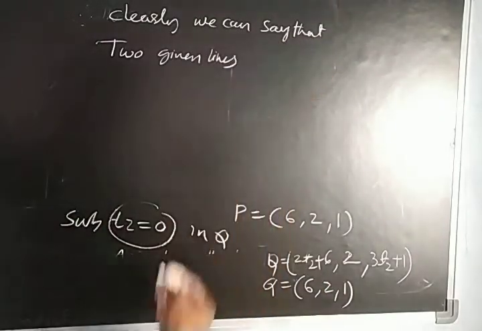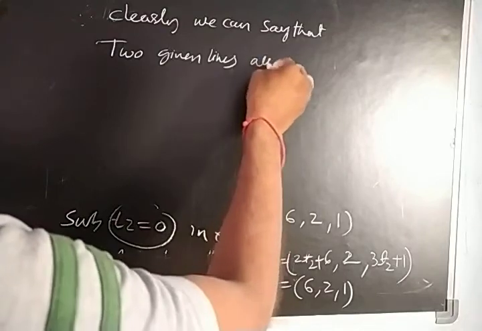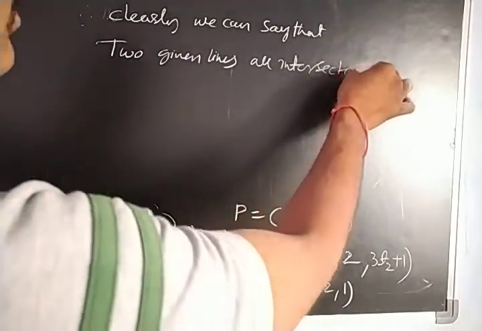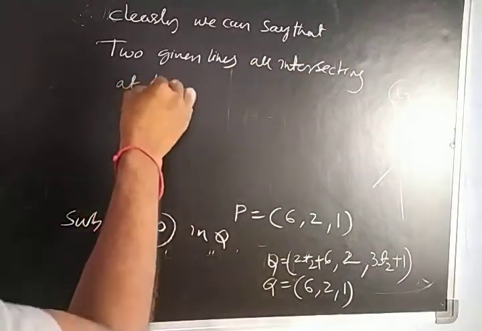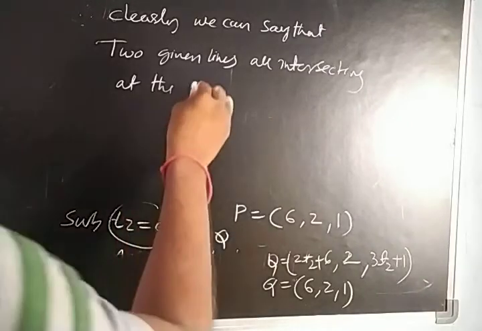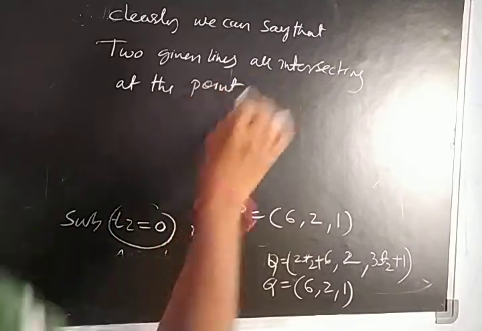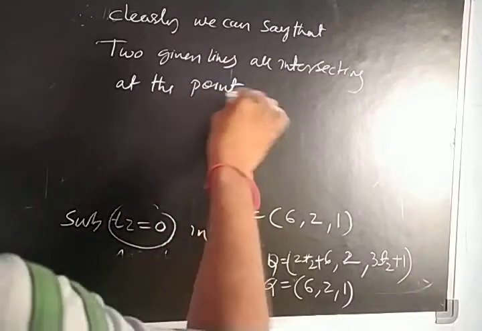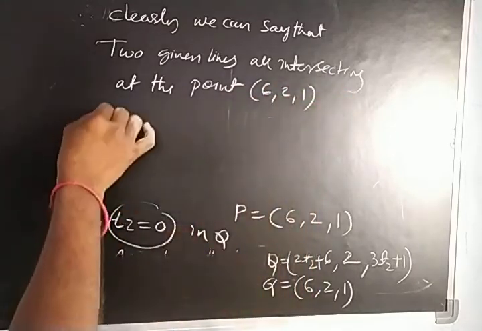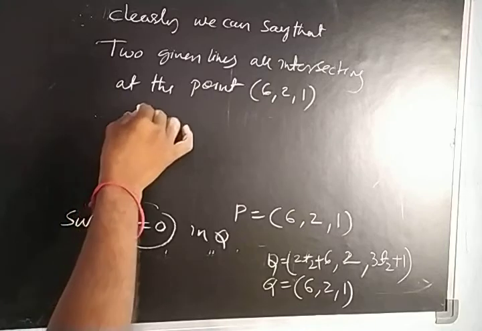So clearly we can say that the two given lines are intersecting at the point 6, 2, 1.